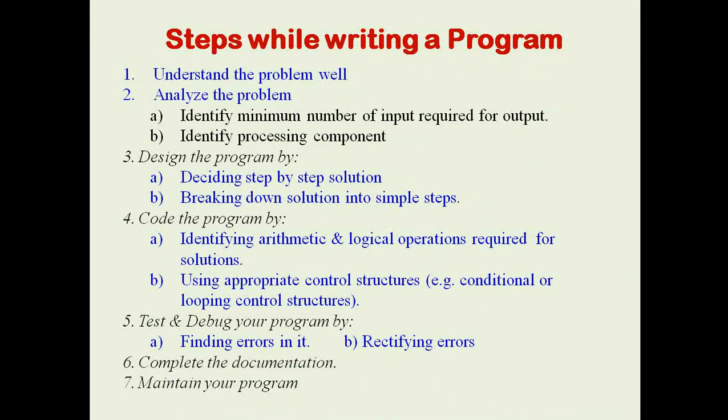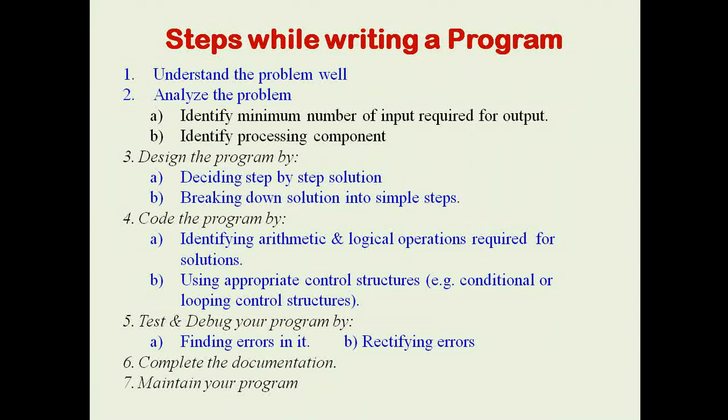These are the steps while writing a program. We should follow these steps while writing a program in any computer language. First of all, understand the problem well. We have to read it as many times as possible to understand the basic concept or basic entities of the problem.